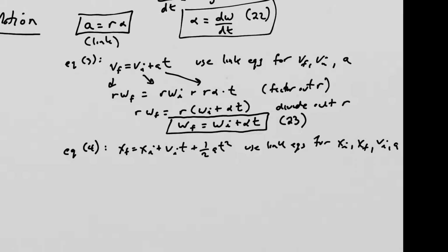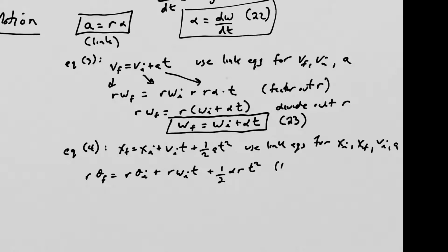In doing so, then this equation becomes, just like we did above, r theta final is equal to r theta initial plus r omega initial t plus 1/2 alpha r t squared.